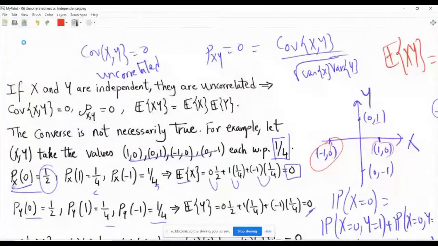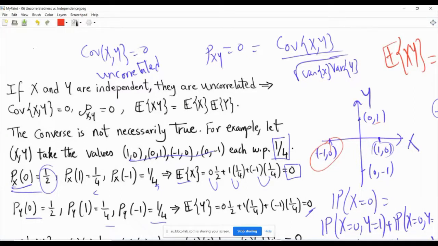Now, can we use the intuitive meaning of independence to know that x and y are dependent? Of course, this will not be a proof. To show that they are dependent, you will need to do something like this: provide a counterexample, show that the joint probability is not the product.